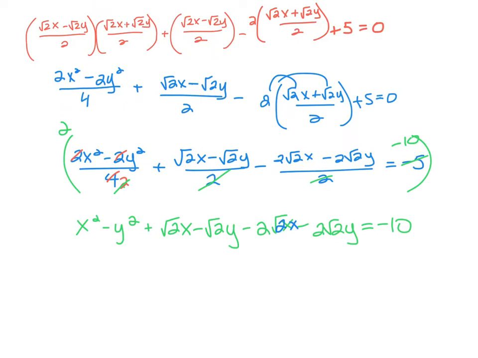From this point on, if you end up to here with your rotation of a conic and you've got a squared and a non-squared, you have to complete the square on these. The 2 examples that we did, the center was at 0, 0, so there's no complete the square. But if you look at this, you'd have to complete the square here. So I'd have to group together the x squareds and the root 2x and the negative 2 root 2x, and then group together the negative y squared, negative root 2y, negative 2 root 2y.